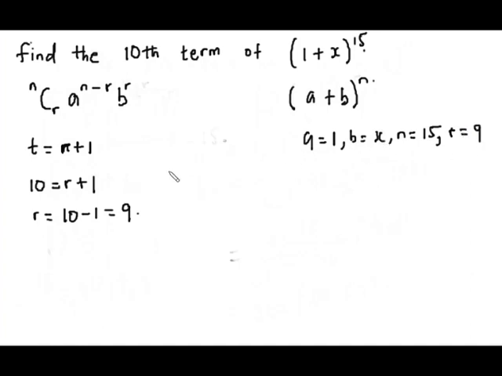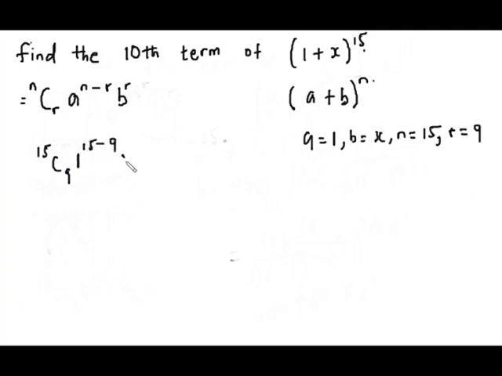Let me quickly clean it up here. If we plug our values into this formula, we should have 15 combination 9, times 1 to the power of 15 minus 9, and then x to the power of 9. 15 combination 9 is 15 factorial divided by 15 minus 9 factorial, and then 9 factorial.